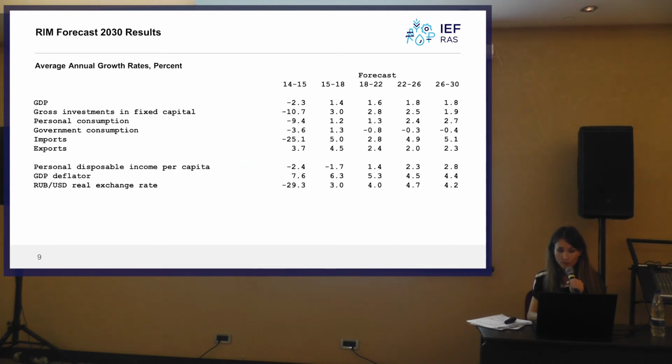With this dynamic of import shares, we see the growth of import accelerating from 2.8 to 5.1, and so the GDP grows at about 1.6% in the nearest 4 years, and then on average 1.8.